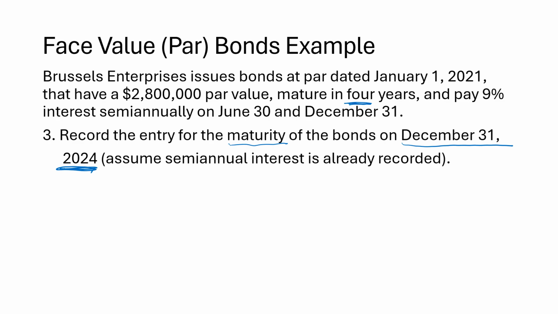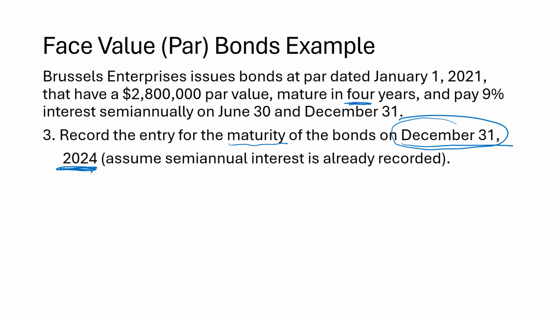Well, the very last interest payment would also technically take place on December 31st, but we are going to assume that that has already been recorded, and we're only going to worry about the actual maturity journal entry. That's when the principal or the face amount is paid back to the bondholder.